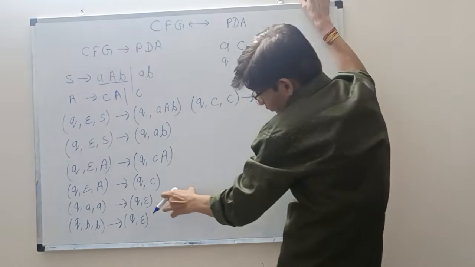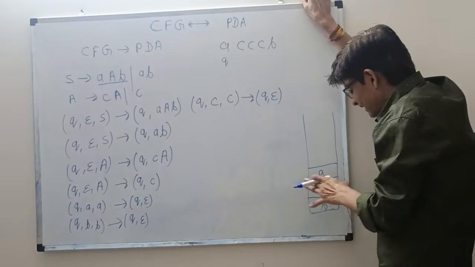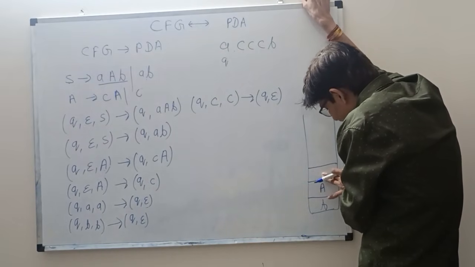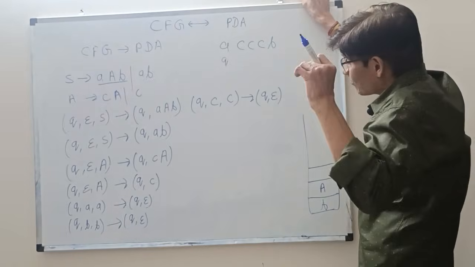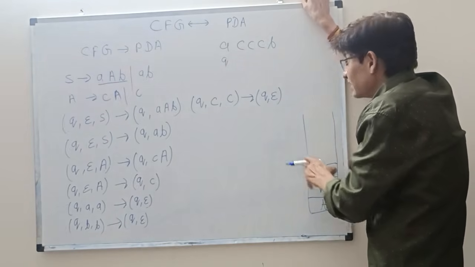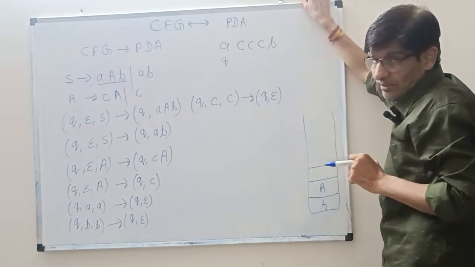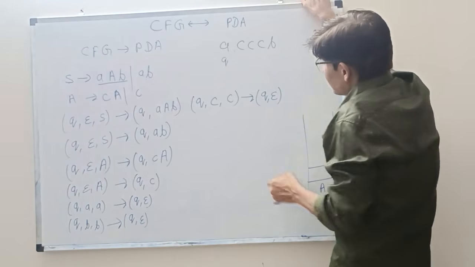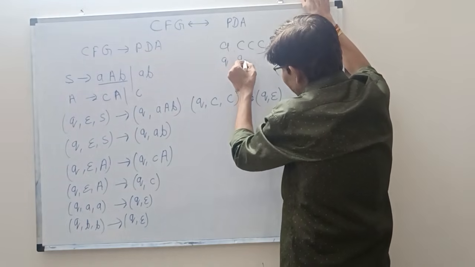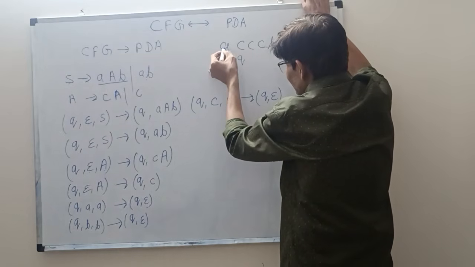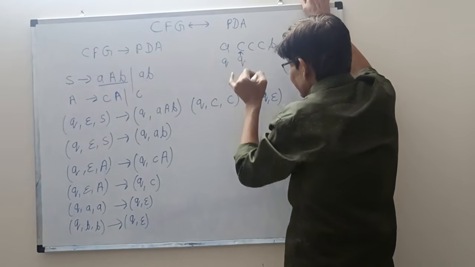So according to this rule, I can pop this element from the stack. Whenever we are popping one element from the stack, we will consume this input symbol. So now we are in q again, and we have consumed this a, so we are reading c.